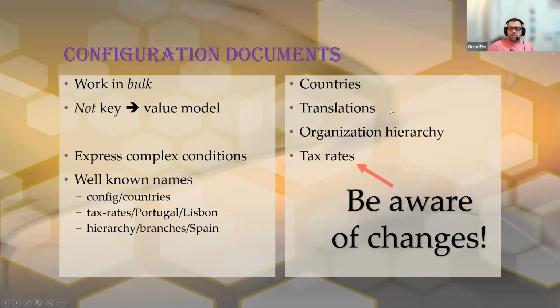And one thing that I want to be very clear about, for things like organizational hierarchies or tax rates, we have to be wary of changes. What happened when the tax rate has changed? What am I going to do now? We'll talk about this more in just a bit, but I want you to keep that in mind.